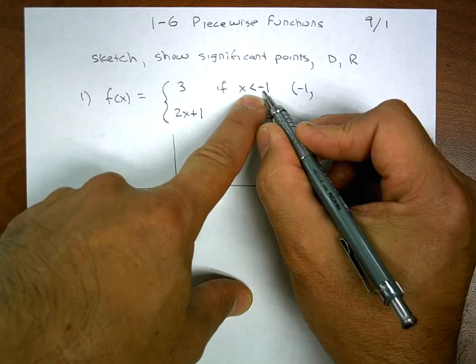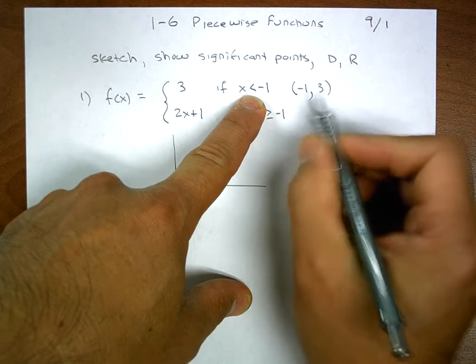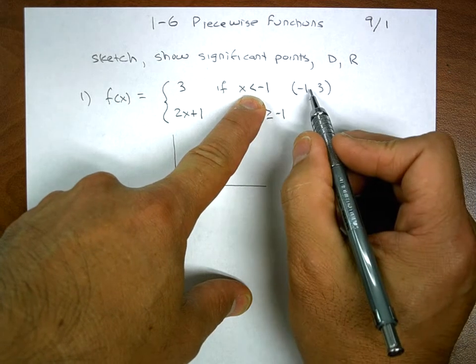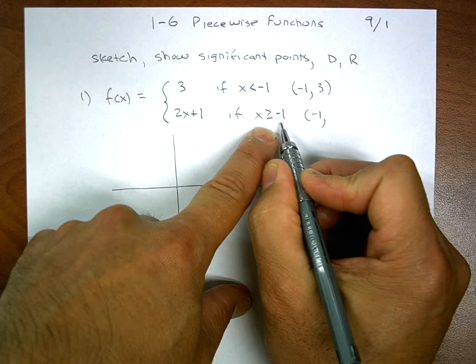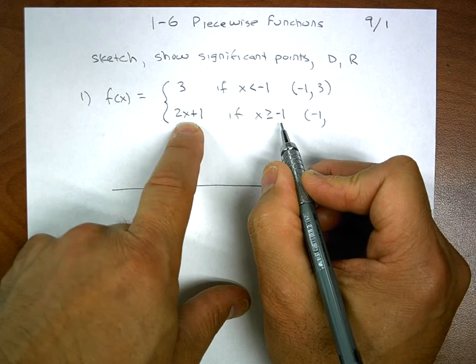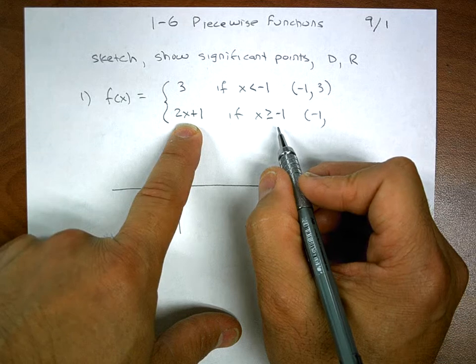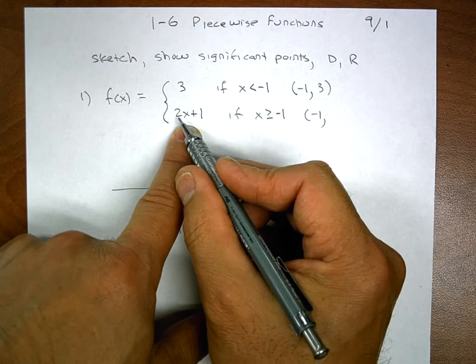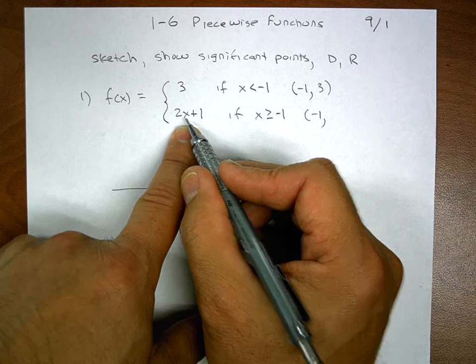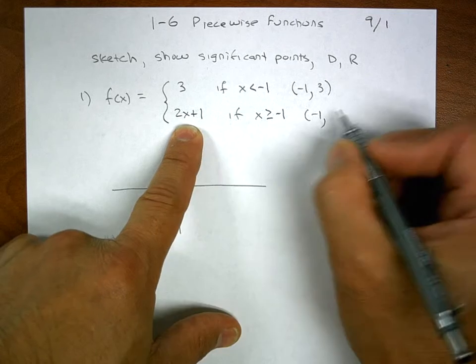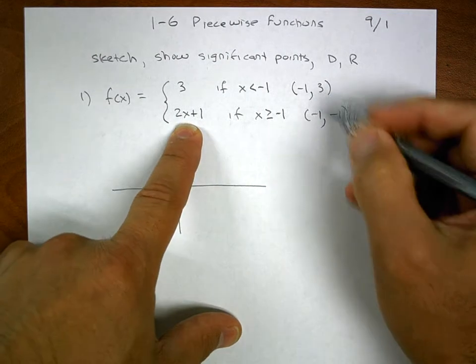So at -1, you get 3. So that's an ordered pair. And I write it there. I go to the next one. Okay, -1. So I plug in -1. And if I plug in -1, what do we get? 2 times -1 is -2 plus 1 is -1. Okay. So that's my first step.